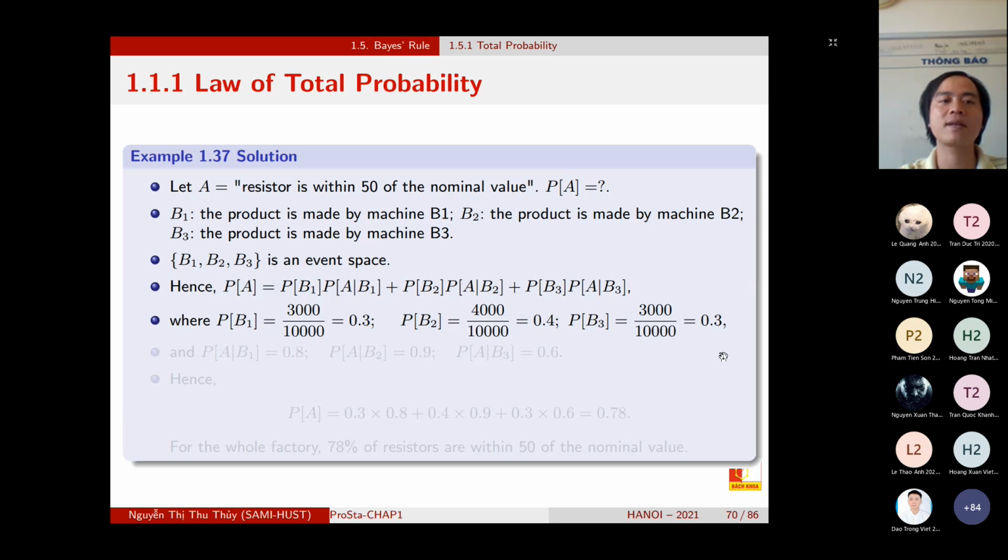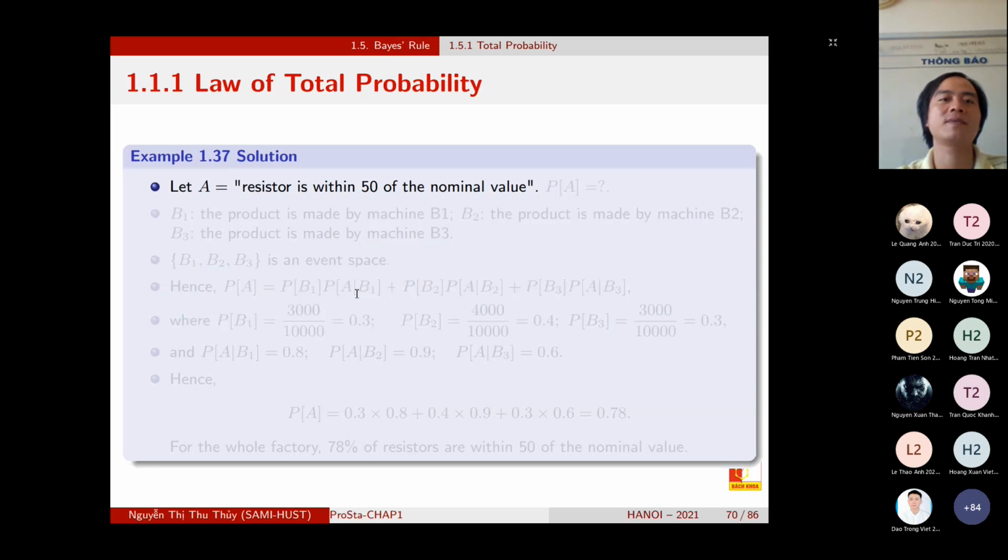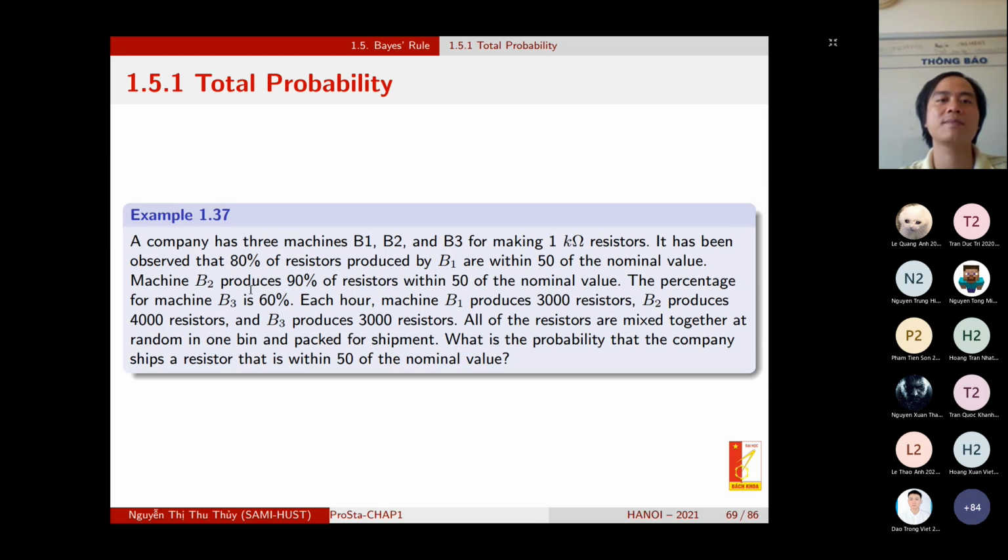And now, how about the conditional probability of A given B1? Given that the resistor is made from B1, we know the probability that it passed the test is 80%, from the assumption that 80% of resistors produced by machine 1 pass the test.